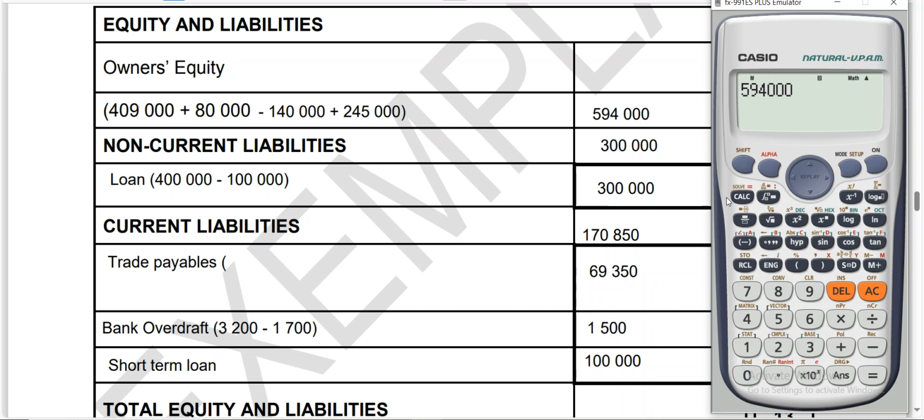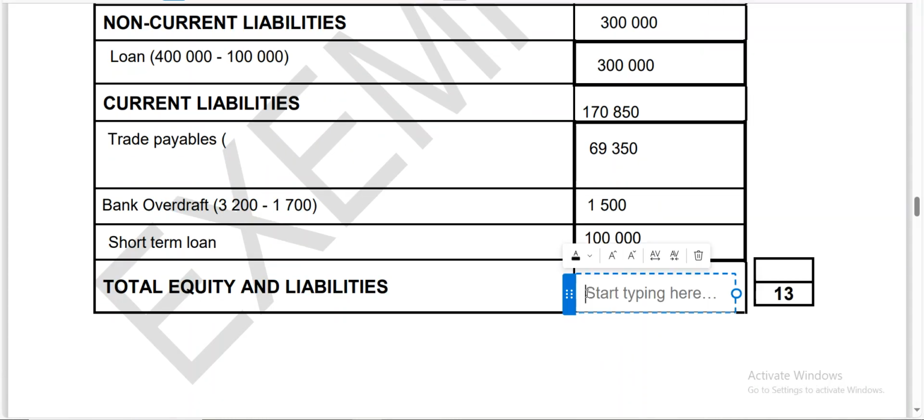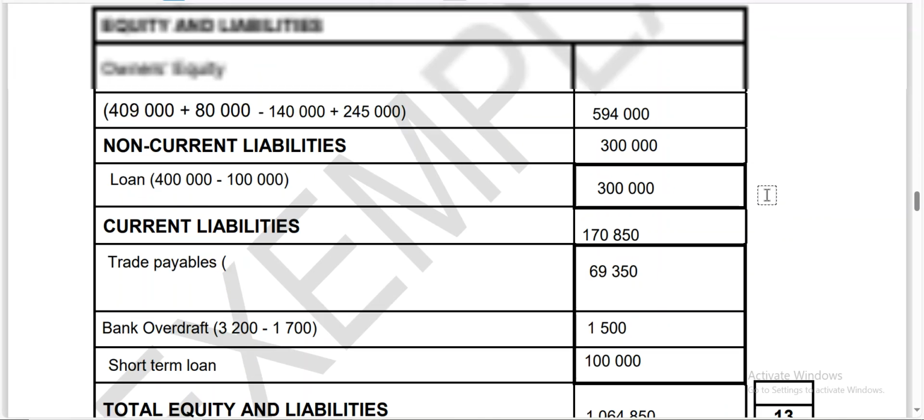So we're going to say 594,000 plus 300,000 and then also plus 170,850, and the answer that we got is 1,064,850. So I'm going to put it here, 1,064,850. And then guys, we are done with this lesson.